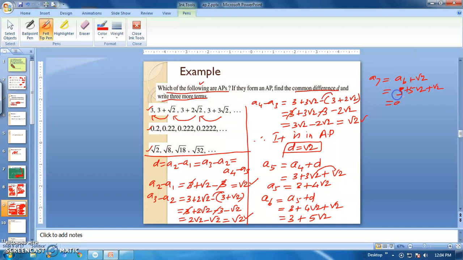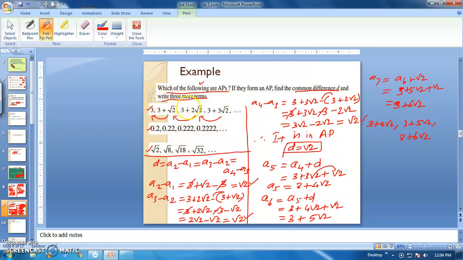So 3 plus 5 root 2 plus 1 root 2 is 6 root 2. So the next 3 terms are 3 plus 4 root 2, 3 plus 5 root 2 and 3 plus 6 root 2. These are the next 3 terms of the first one.